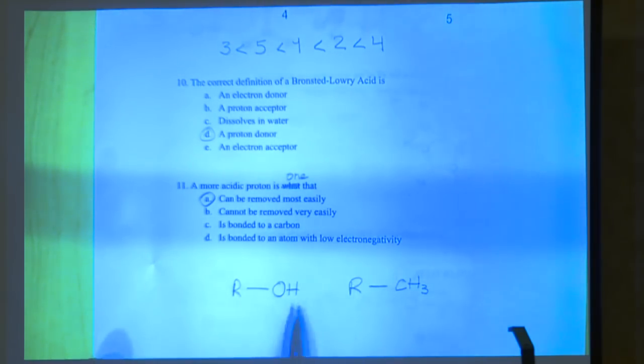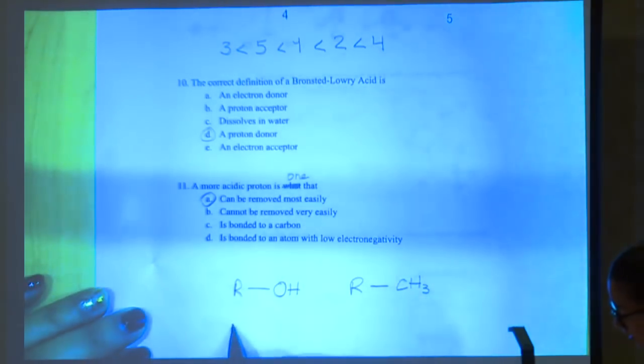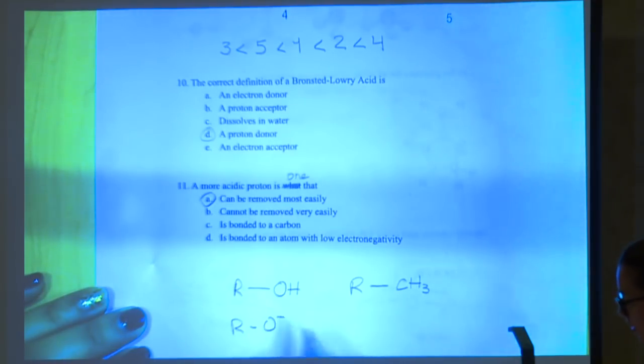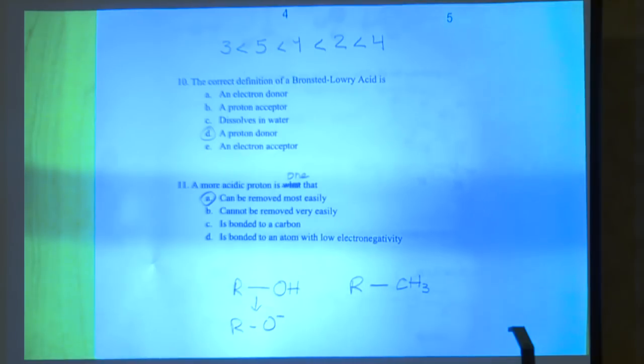And it's because what's the conjugate base of this? Water. Is it hydrogen? O negative. Good. So O negative, right?